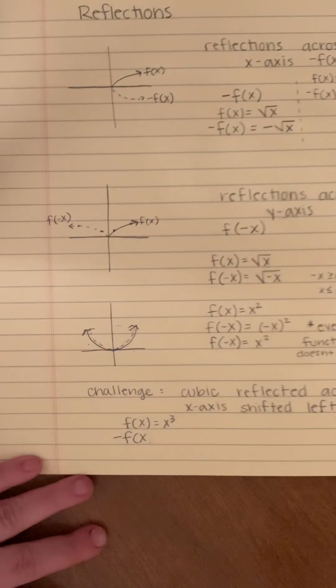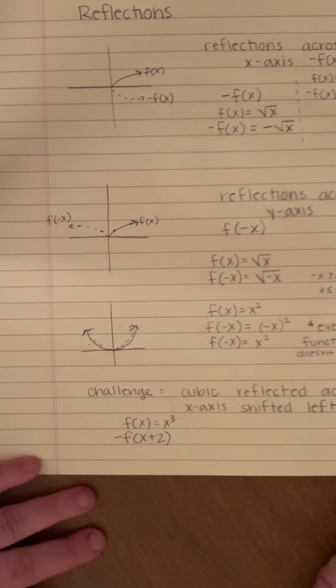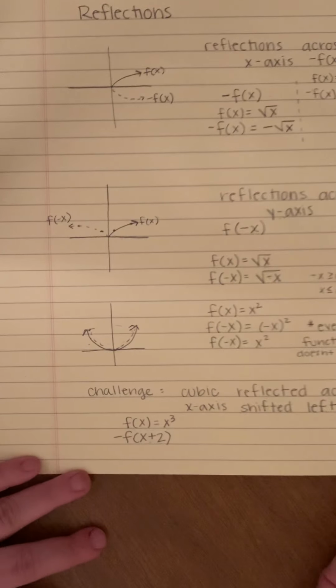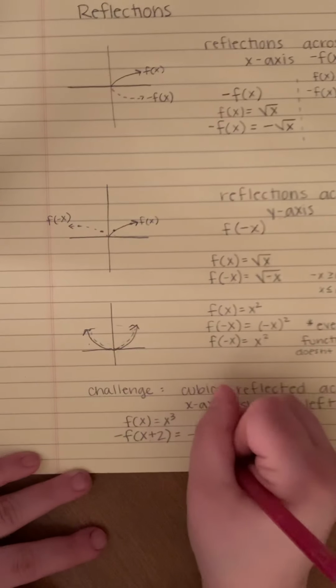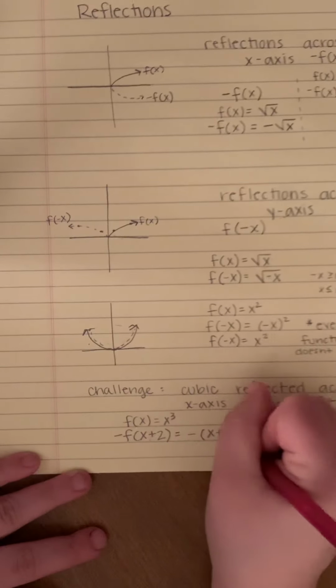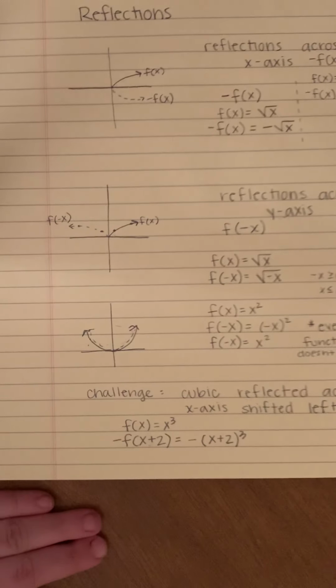And again, remember, left actually means how far away am I from 0, so I'd have to add 2 to get back to 0. So this would be my new function. I'd have to say negative x plus 2 cubed. I almost wrote squared there because I'm getting stuck in squared. And I hope that's what you had on your paper.